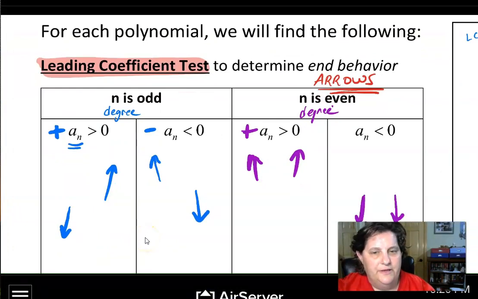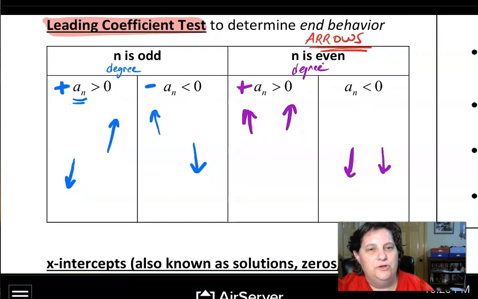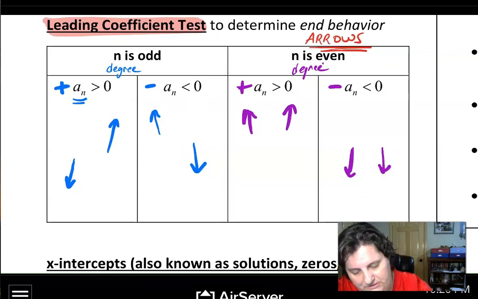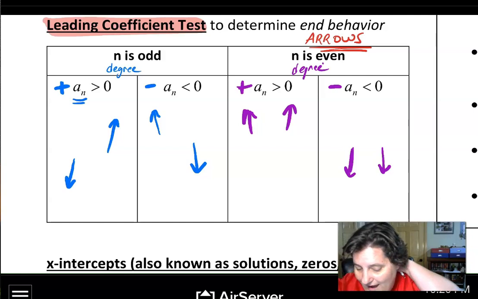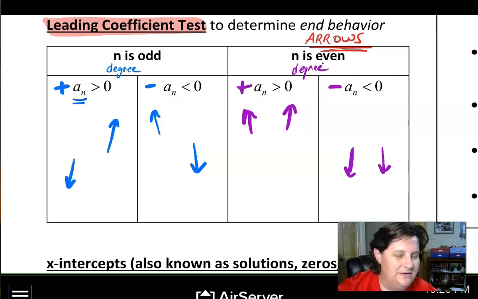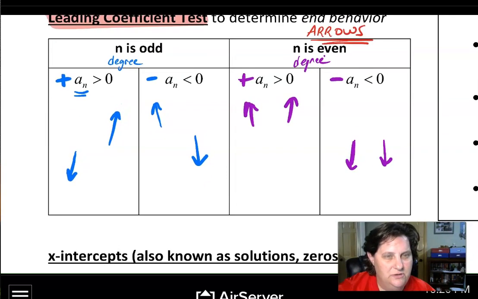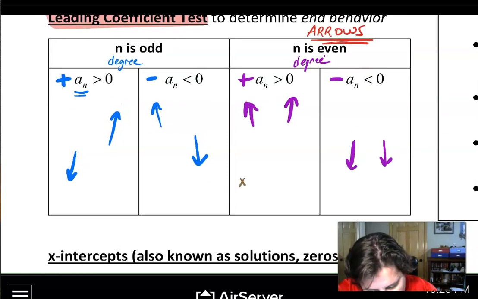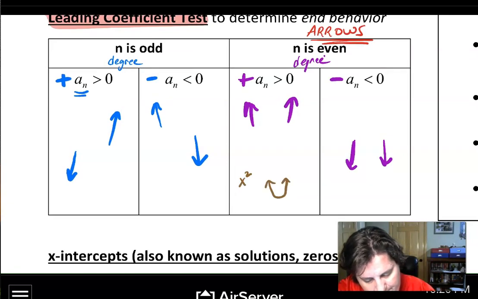All right, you guys. Now, how do you remember this? Because you kind of have to memorize this. How are you going to memorize this? Well, I think of the graphs that I know what they look like. We start with even because that's a little bit easier. Do you guys know what x squared looks like? Yeah, it's a parabola, right?